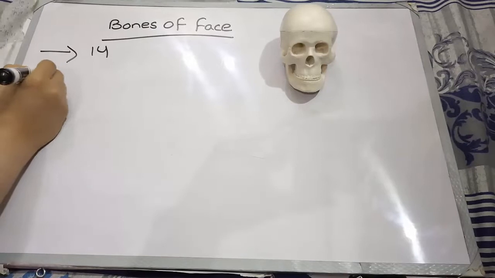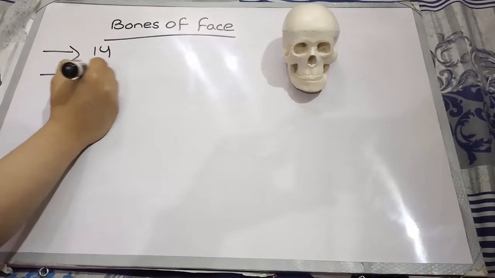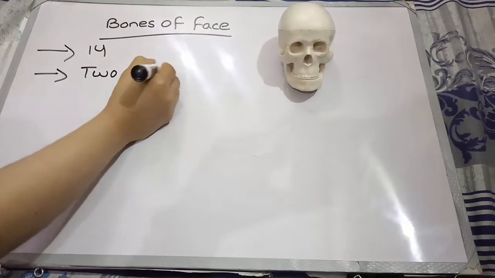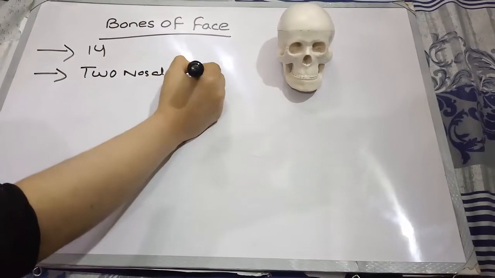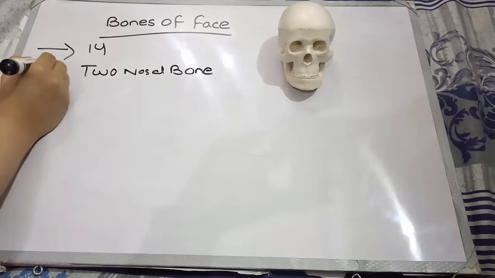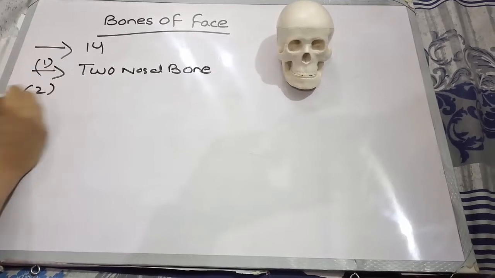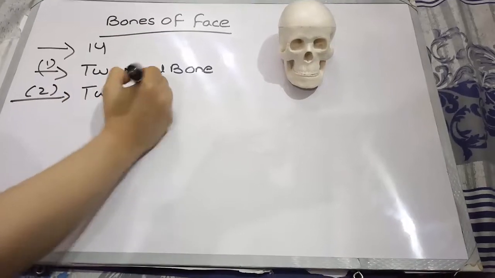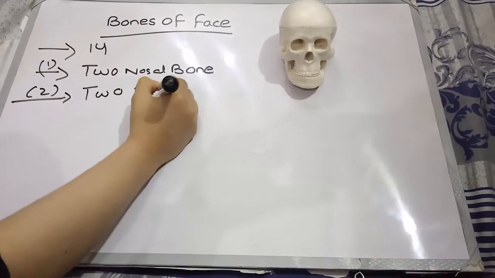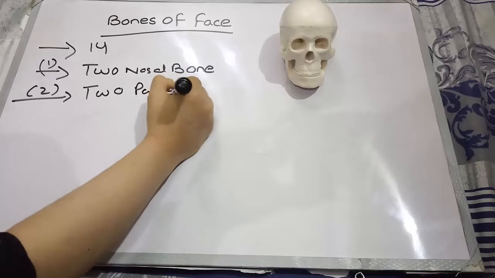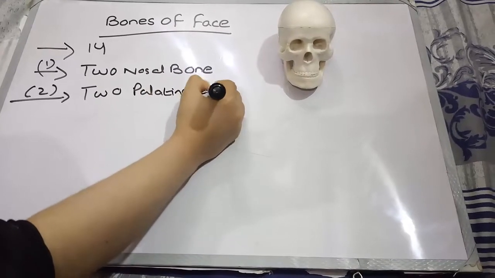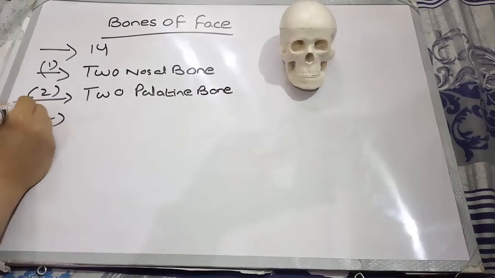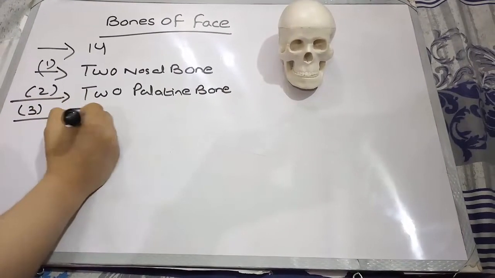So first we have two nasal bones. Number two, we have two palatine bones. Number three, two lacrimal bones.